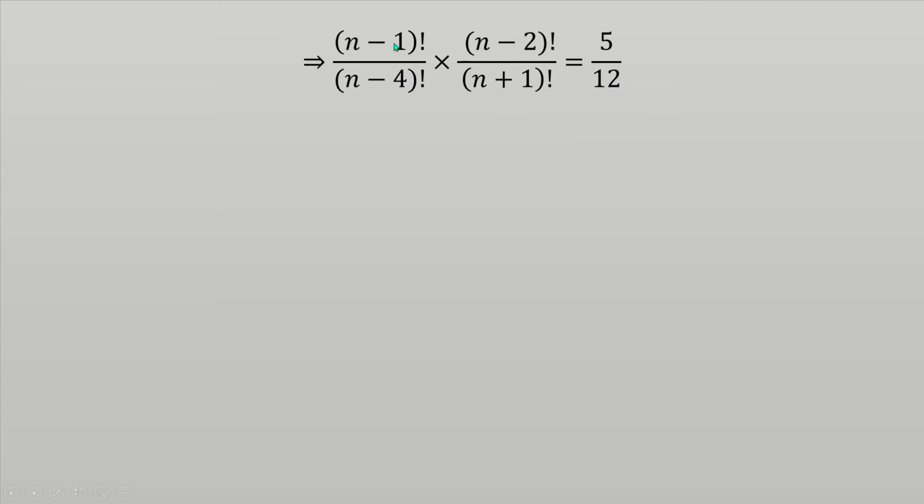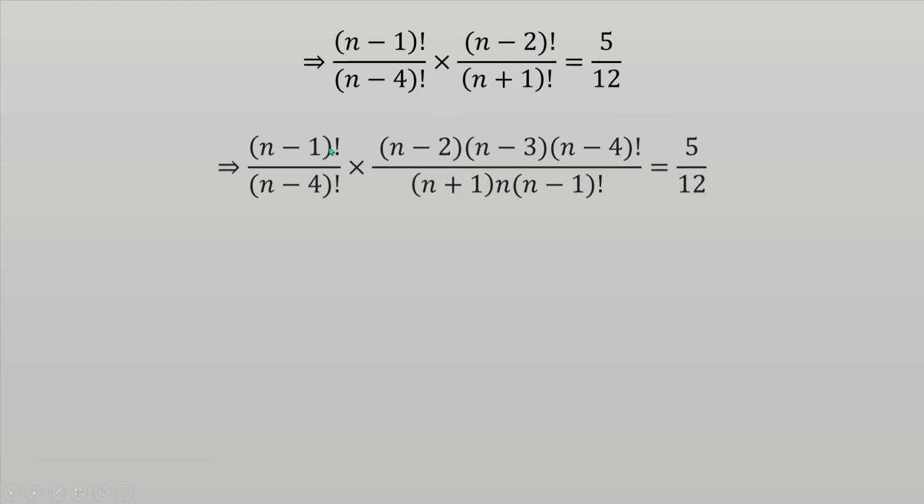As here is given n minus 1 factorial and here n minus 4 factorial, so we can write n plus 1 factorial equals up to n minus 1 factorial, and n minus 2 factorial, we can write up to n minus 4 factorial, because here is given n minus 4 factorial and also here is given n minus 1 factorial.